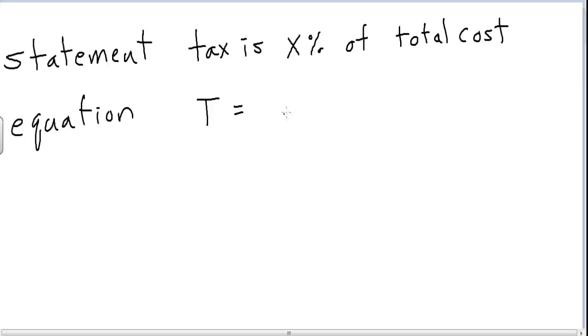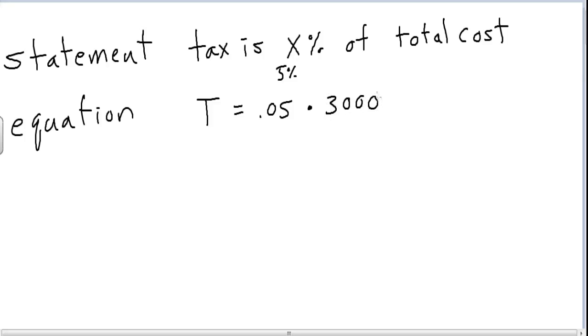Before 2008, it was 5%. So it's decimal. I'll divide by 100, make it 0.05. Again, we can't have percentages in the equation that we work with. We always want decimals. Of is interpreted as multiplication. Total cost of this particular television is $3,000.